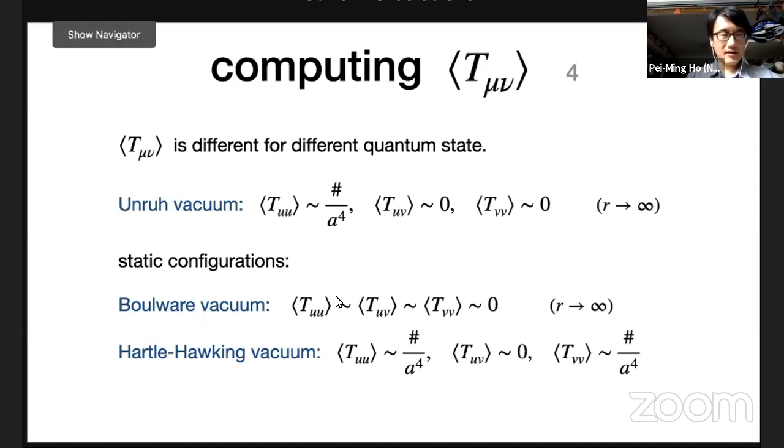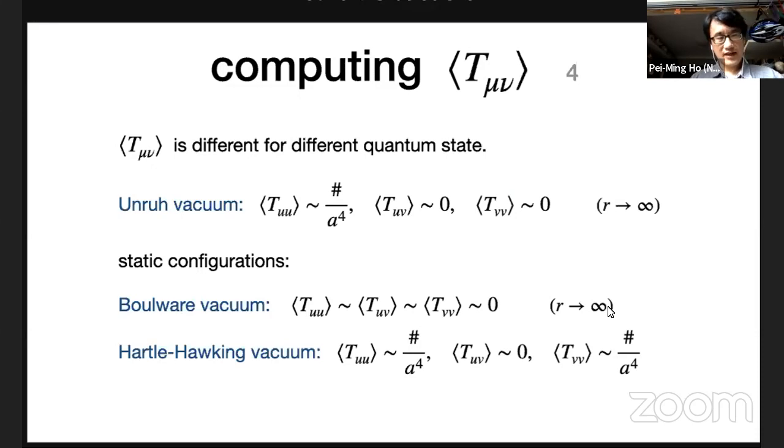On the other hand, you can also consider different quantum states like the Boulware vacuum or the Hartle-Hawking vacuum. They have different boundary conditions. So the Unruh vacuum has the boundary condition that you have outgoing energy flux corresponding to Hawking radiation, and no ingoing energy flux at large distances. But the Boulware vacuum assumes no energy outgoing or ingoing at large distances.